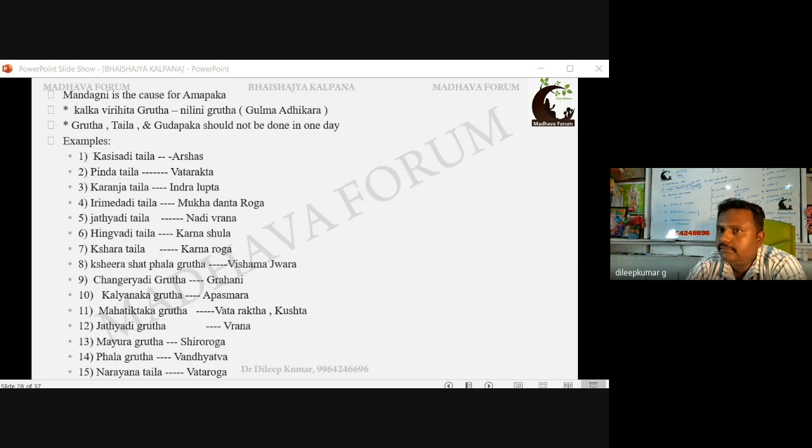Chandana will make the part dark, but if you use it with Aridra, then it becomes white. Chandana has the action of Pitta Shamana, Rakta Shodhana, and Tvak Prasadana.